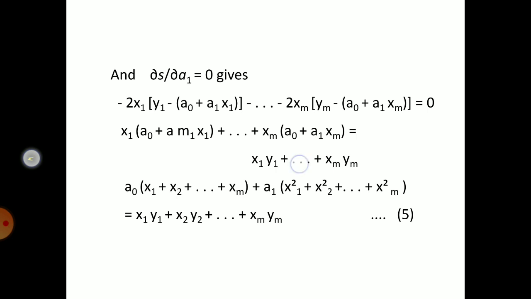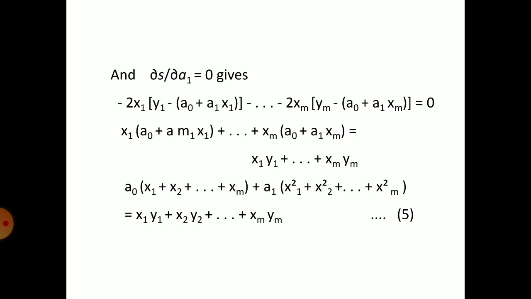And the right hand side is this term as it is, x1 y1 plus x2 y2 plus on to xm ym. This is equation number 5, which is obtained by differentiating equation 3 partially with respect to a1. Using summation notation, it can be written as a0 summation i goes from 1 to m xi plus a1 summation i goes from 1 to m xi square, equals summation i goes from 1 to m xi yi.